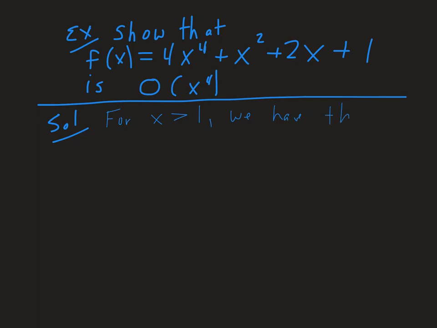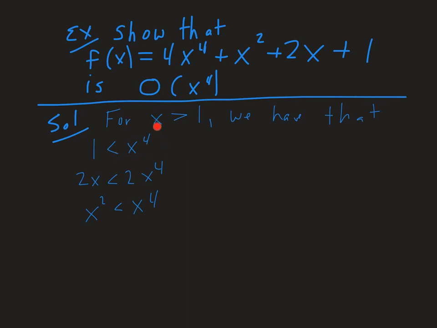So what we note is, as long as we have x greater than 1, first of all, we have that 1 is less than x to the fourth. We have that 2x is less than 2x to the fourth. We have that x squared is less than x to the fourth. Why does this work? Well, as long as x is bigger than 1, we're past that point on the graph.